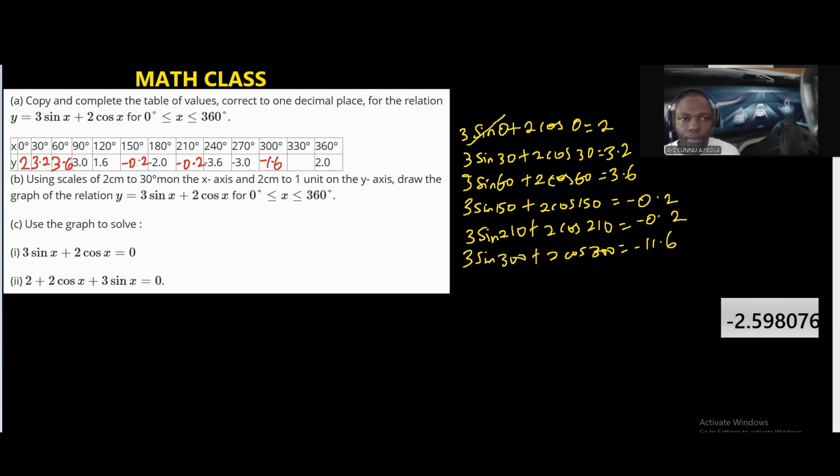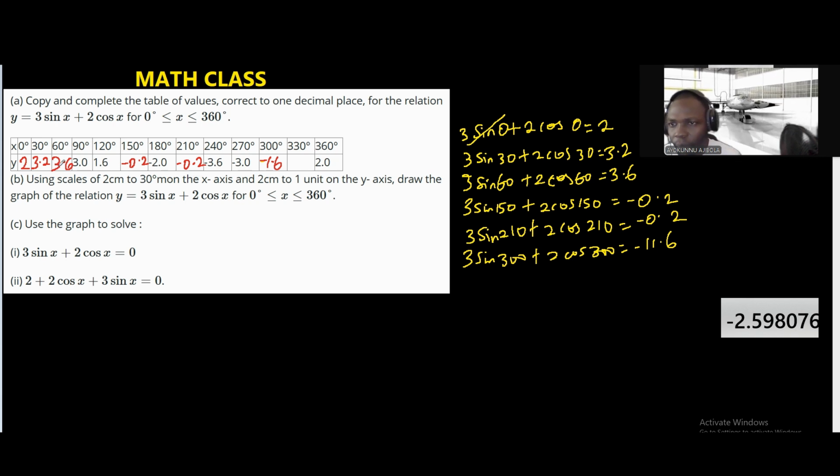Wait, this place that I got 3.6, I think I better check it again. Maybe that negative stuff affected it. I don't think so. Let's say 2 and 3.2, 30 and 60, and which one? Okay, let's continue.